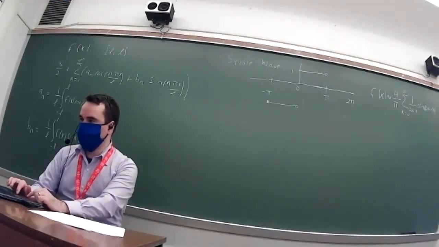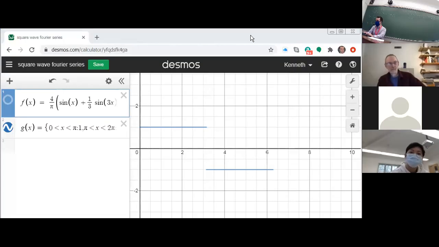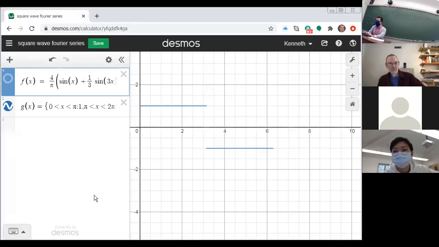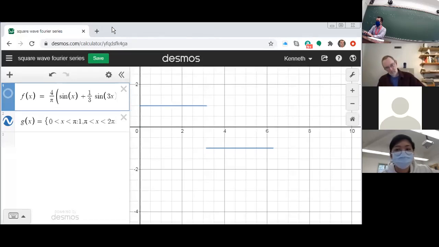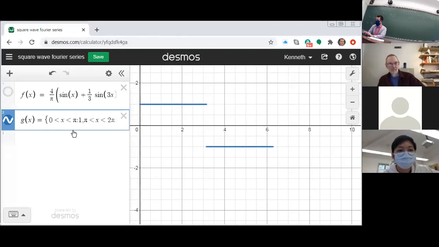So let me show you something. I'm going to do this with Desmos. And so here on the screen, I've got this function. I'm actually calling the function g of x, and I'm calling the partial Fourier series f of x on Desmos.